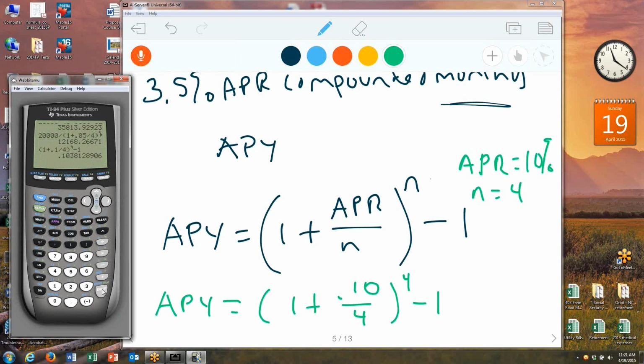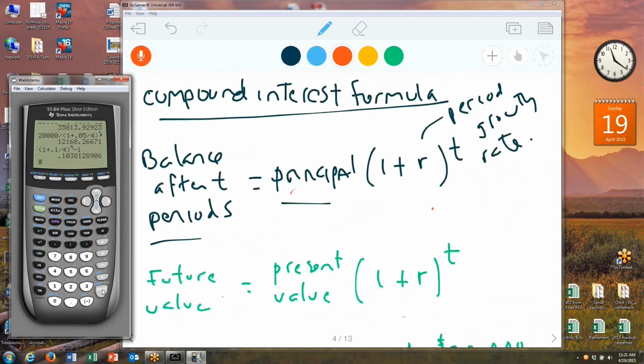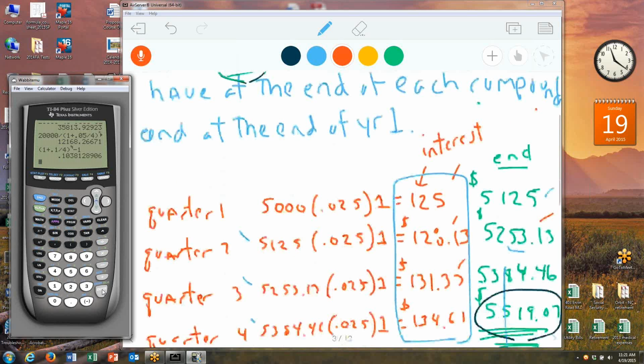It's going to be slightly around 10%, but a little bit more. It's actually 0.1038, so 10.38%. So in that scenario, even though it was 10% APR, because it was compounded quarterly, I actually got 10.38%.